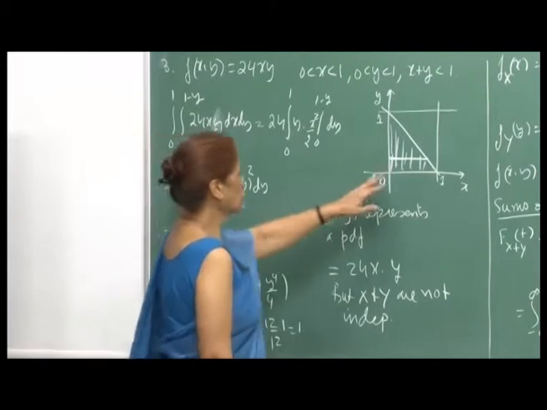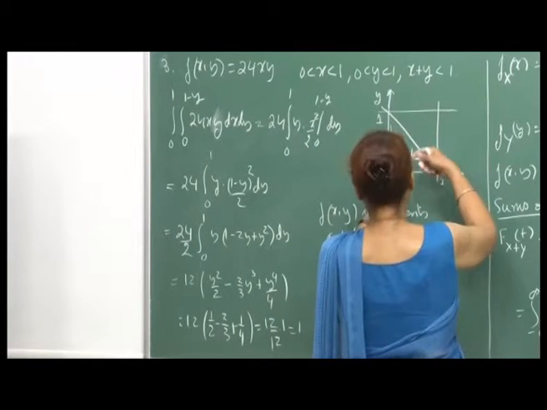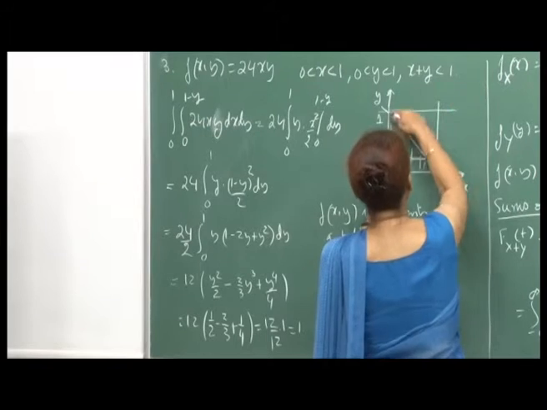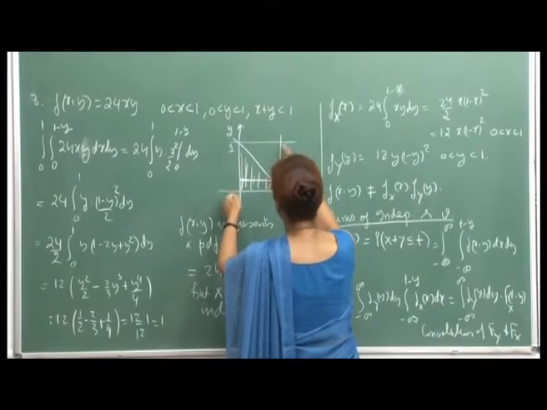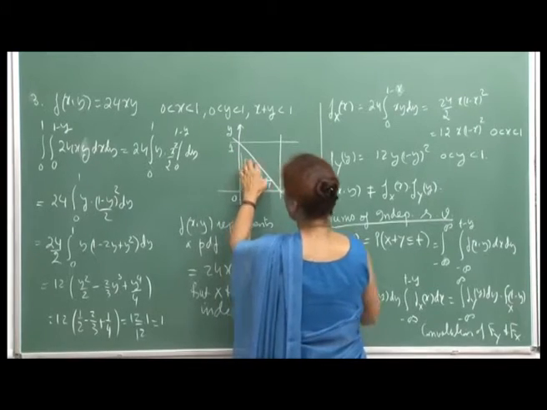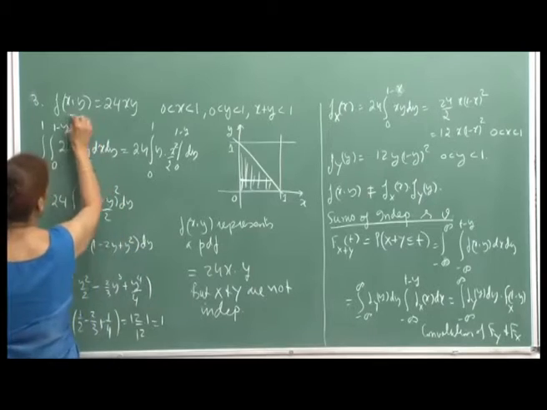So, I have shown here the valid region. So, this is x plus y less than 1, this is the line. So, here in the square 1,1, this is the area on which you have to concentrate. Now, let me first verify that this is a PDF.